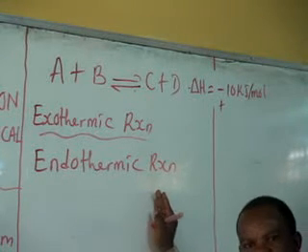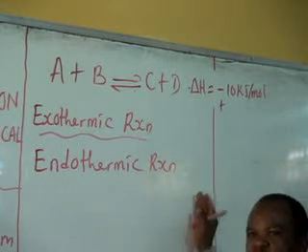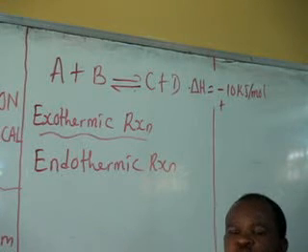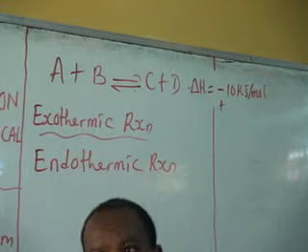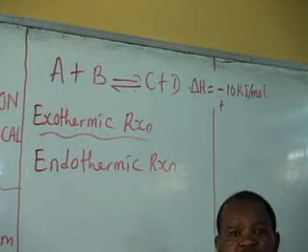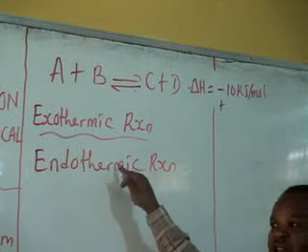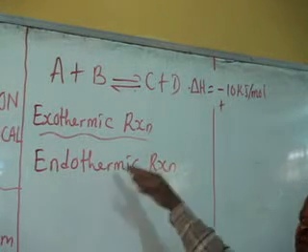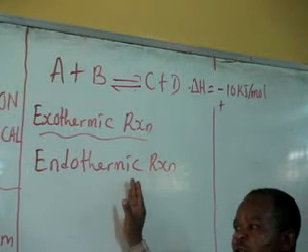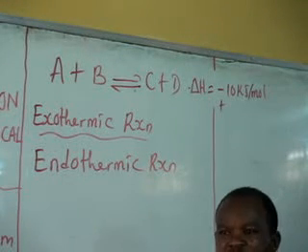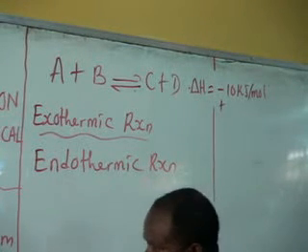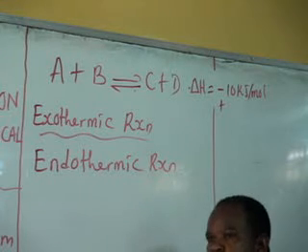That is, it will favor the forward reaction. But if you decrease the temperature, then the reverse will be the case. That is, it will shift the equilibrium position to the left. That is, it will favor the backward reaction.